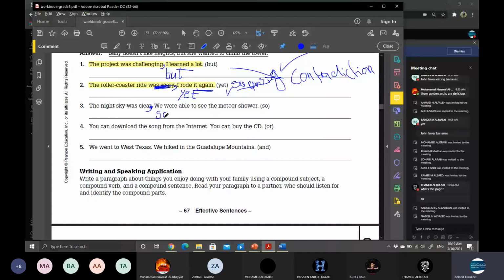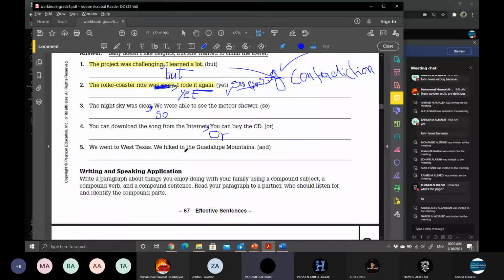And number 4. You can download the song from the internet, or you can buy the CD. Comma, or you can buy the CD. Answer number 5: we went to West Texas.